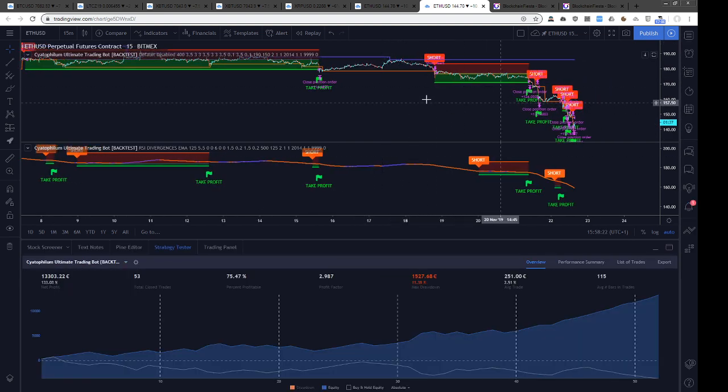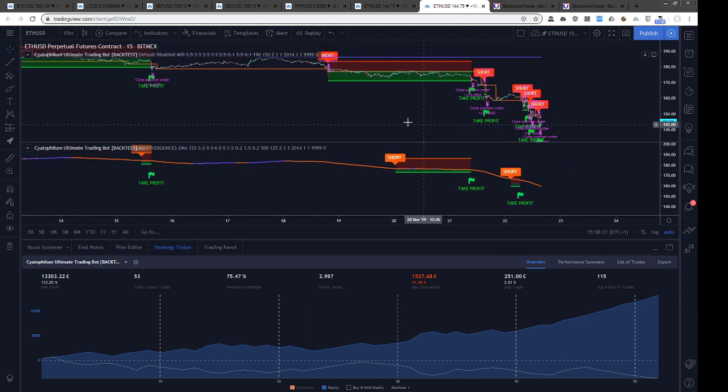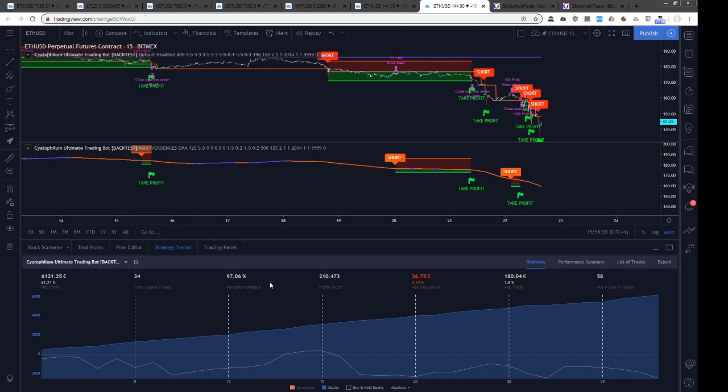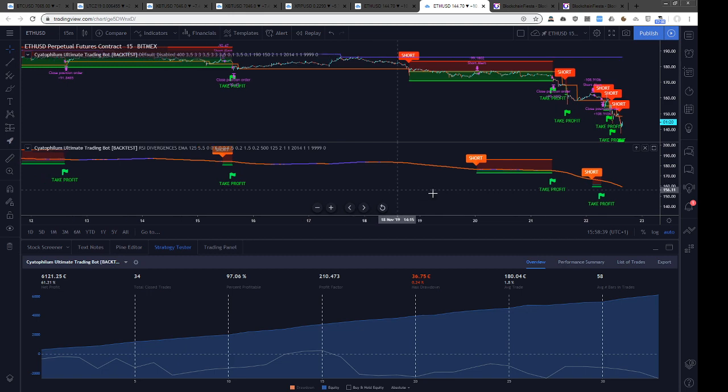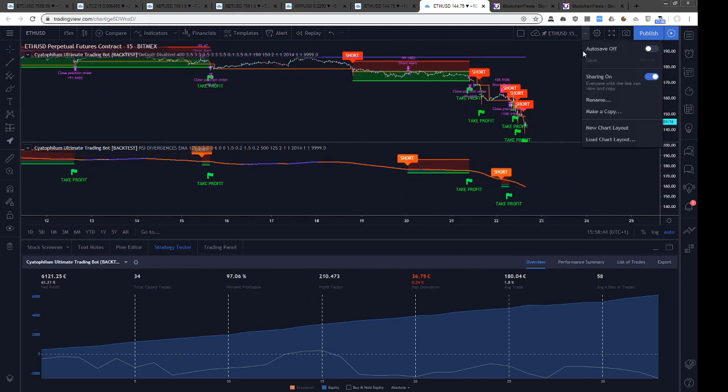For the configuration at the top, we got a really nice net profit, also nice win rate, and the second configuration is more focused on the win rate, as you can see. So ETH 15 minutes, a really nice configuration.